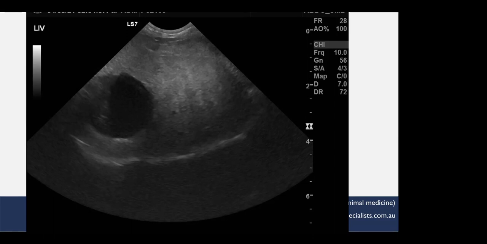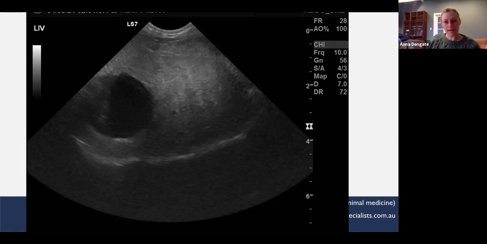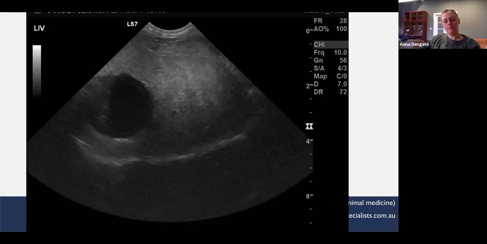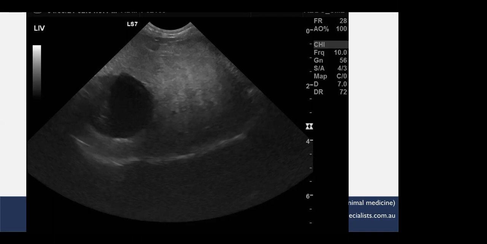What factors might influence gallbladder size? Sedation? I don't know, actually, Jen. Do you know? Not for sure, but I think I've just assumed that that might affect it in the past. I don't know if that's right or not though.